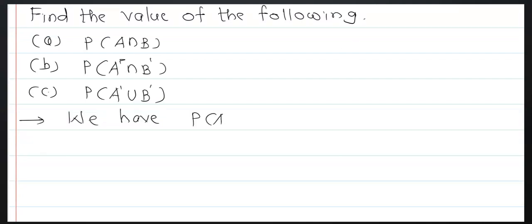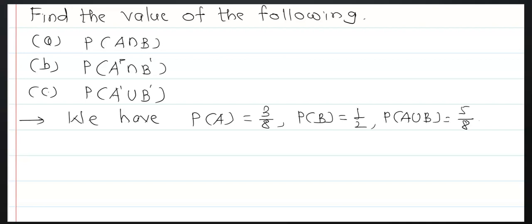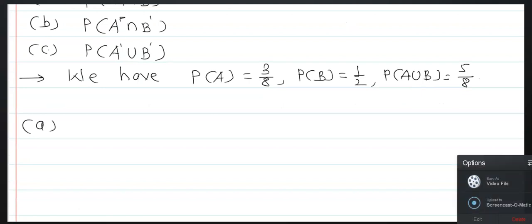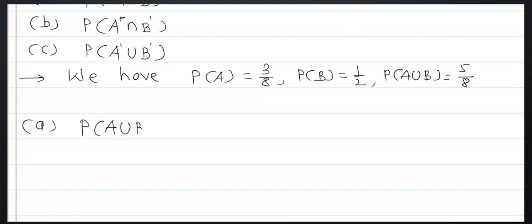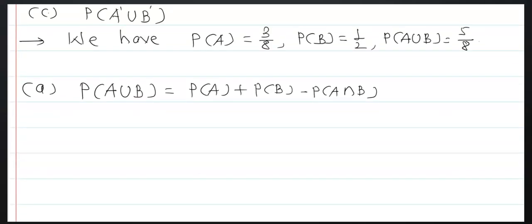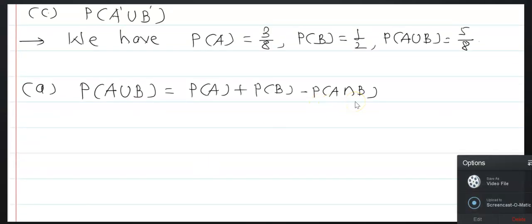The first we have, P of A is equal to 3 by 8. P of B is equal to 1 upon 2. P of A union B is equal to 5 by 8. The first is P of A union B is equal to P of A plus P of B minus P of A intersection B. Substitute the values.